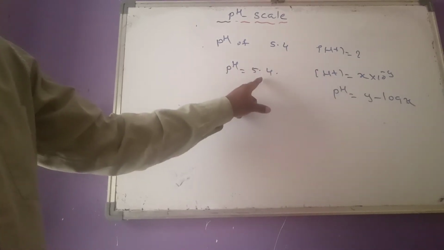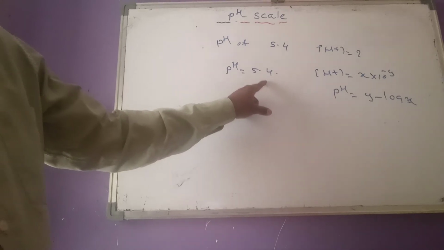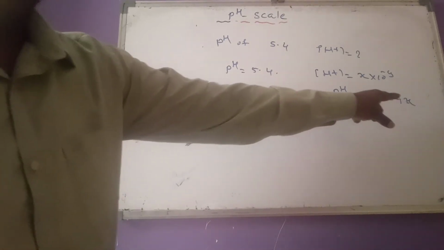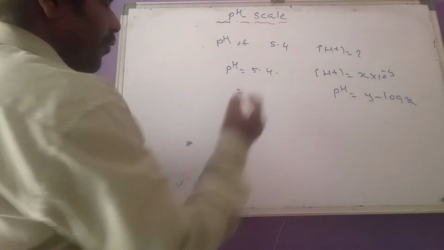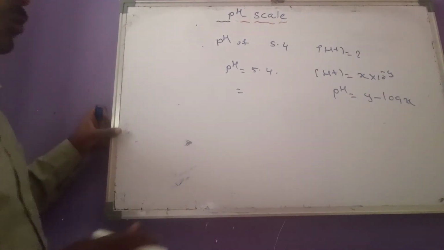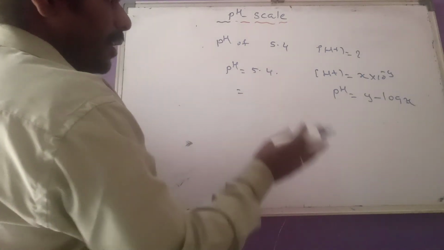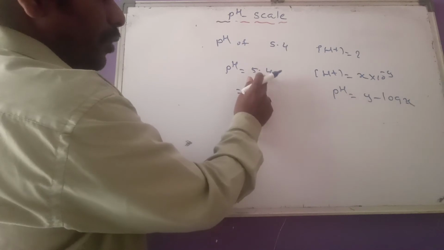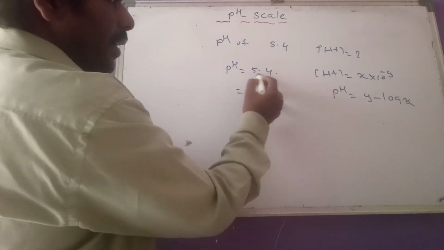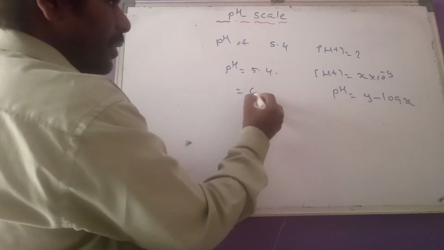Let us try to convert this 5.4 into the form y minus log x. To get 5.4, what do we have to do here? Subtract some value from the higher integer than 5.4. The higher integer than 5.4 is 6.